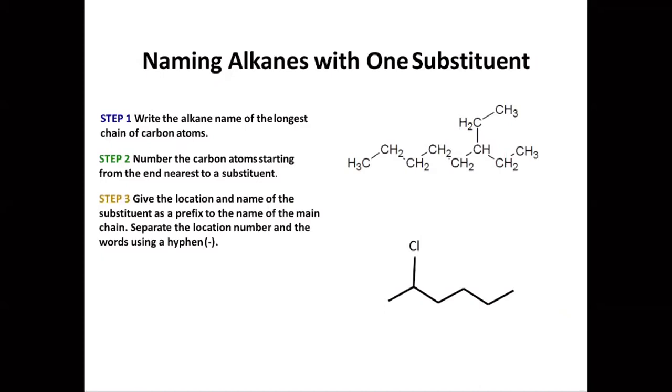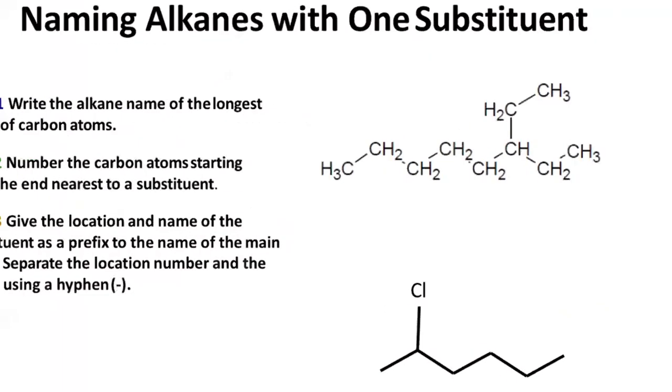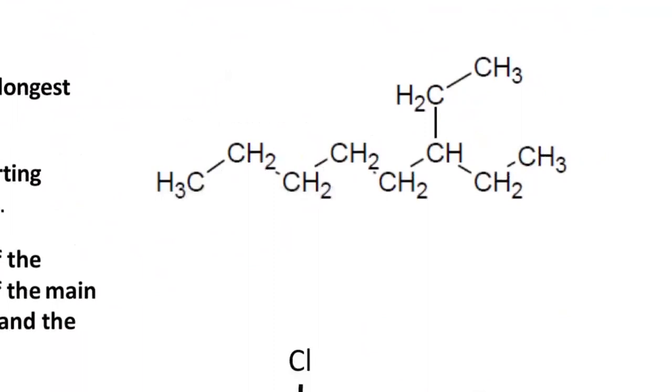So if we look at the molecule that is in the top, remember that that is called a condensed molecule because my carbon atoms and my hydrogens are illustrated, okay? So when I look at the longest continuous chain of carbon atoms in this molecule, I have specifically these carbon atoms as my longest continuous chain, okay?